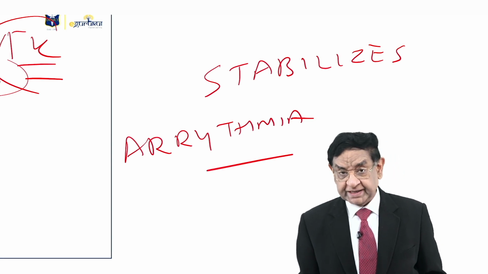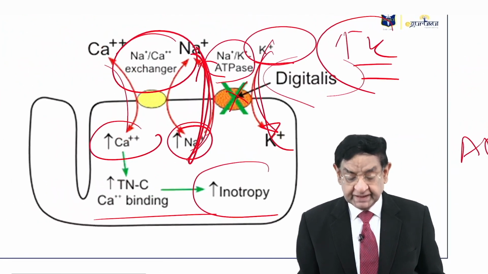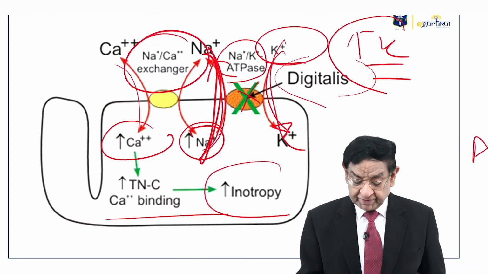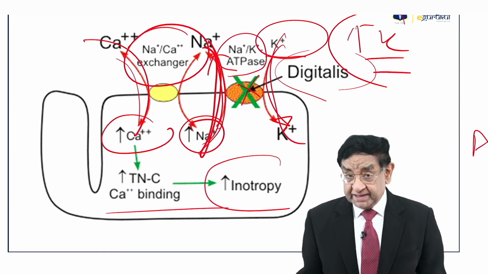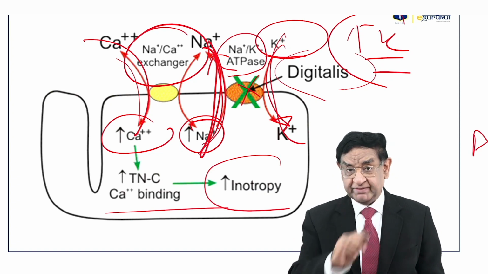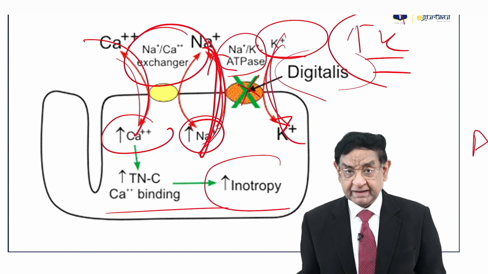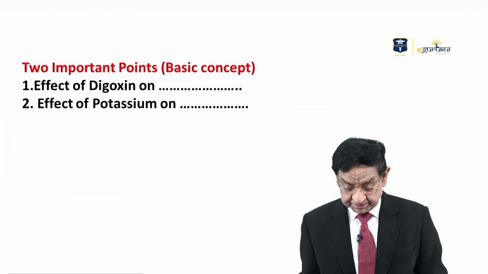This is for any case of hyperkalemia. But in digoxin toxicity, if you give calcium, more and more calcium will come in and that will increase toxicity. That's why we never give intravenous calcium in hyperkalemia due to digoxin toxicity.